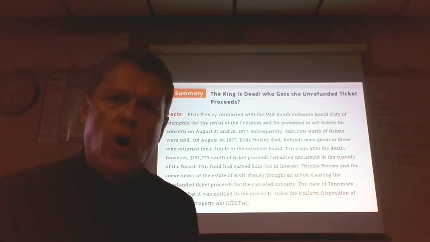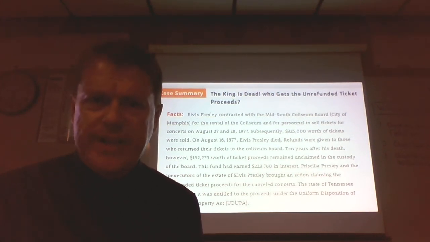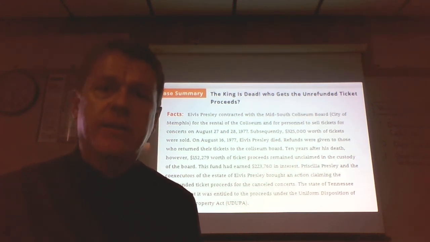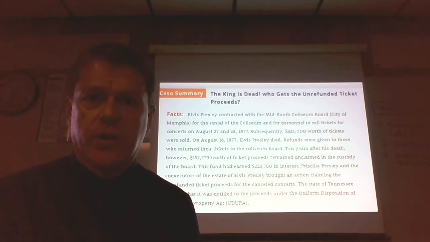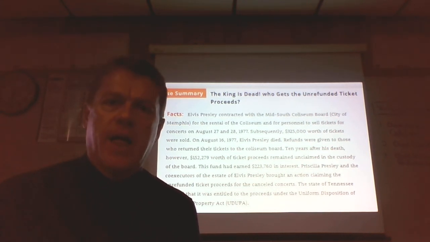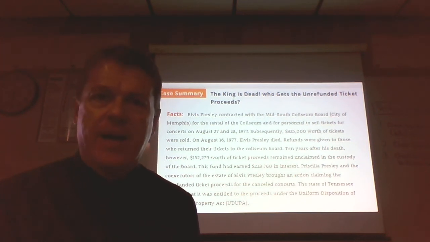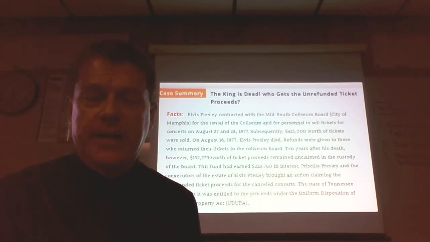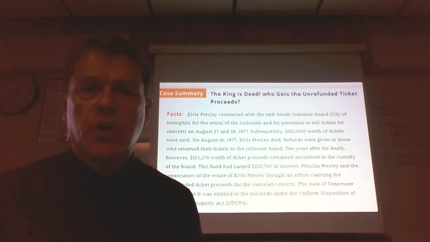And so the venue offered all ticket holders a 100% full refund. Just bring in your ticket, we'll give you your money back, and we're sorry, it's tragic what happened. There were several hundred thousand dollars in tickets that were not returned, and so you had all these ticket holders who decided to hold on to their tickets.